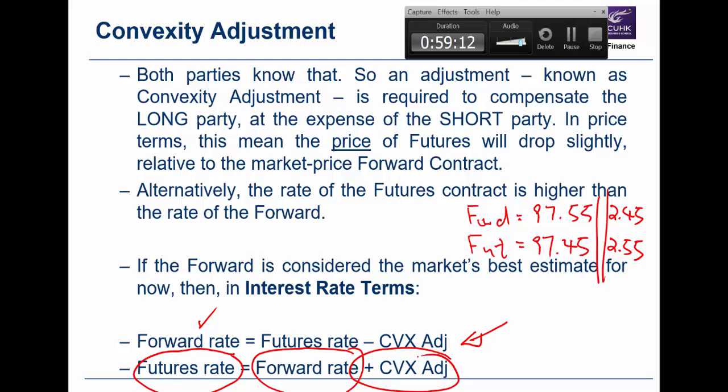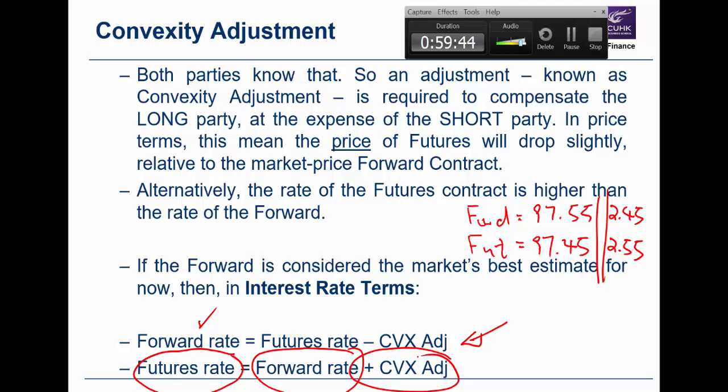Now, this situation happens very often in the fixed income world. Like I said, when does it happen? It happens when you are trading some kind of forward interest rate underlying, where the P&L on a daily basis is itself affected by interest rate movements.